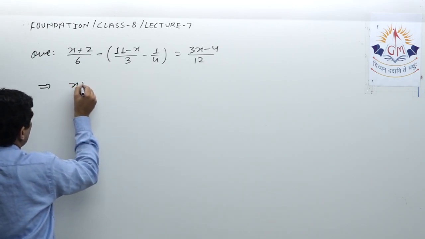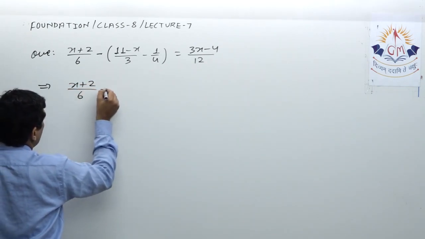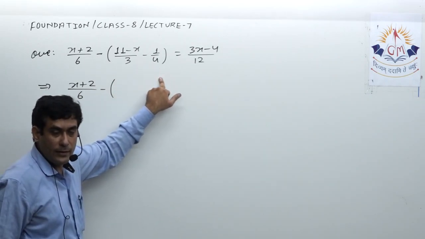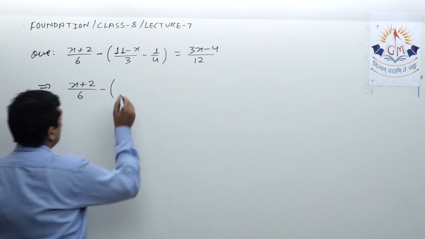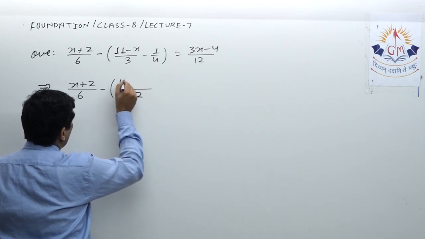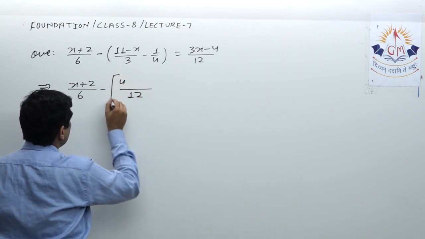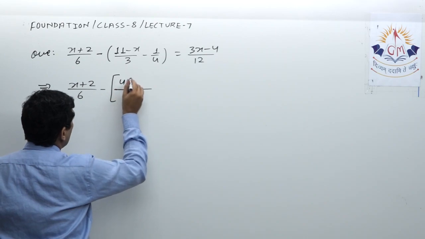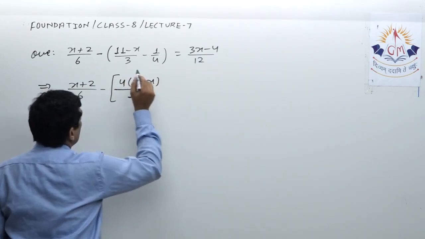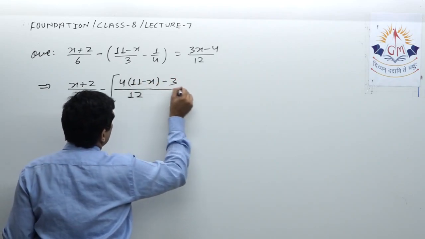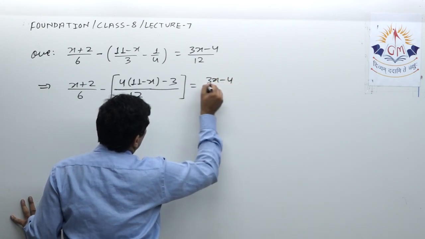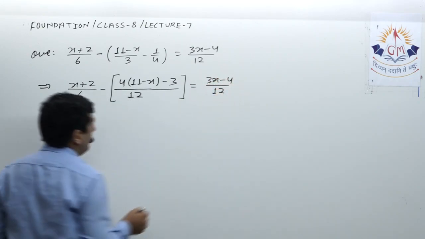So here x plus 2 upon 6 minus, now over here denominators are 3 and 4, so we'll take the LCM of 3 and 4, that is 12. Okay, so here I'll get 4 multiplied by 11 minus x minus 3 is equal to 3x minus 4 upon 12.